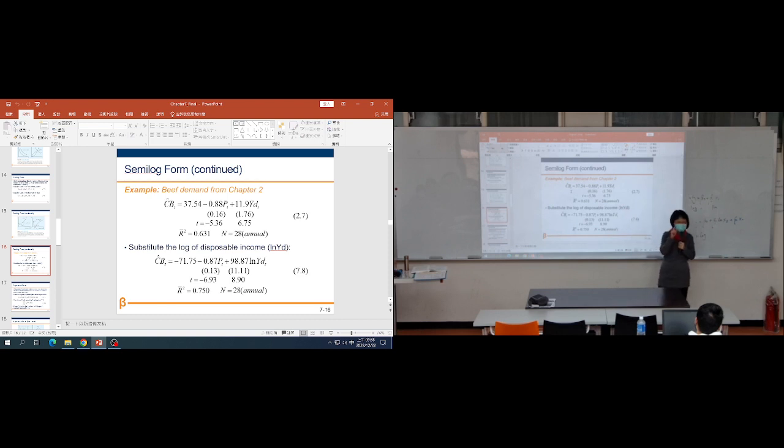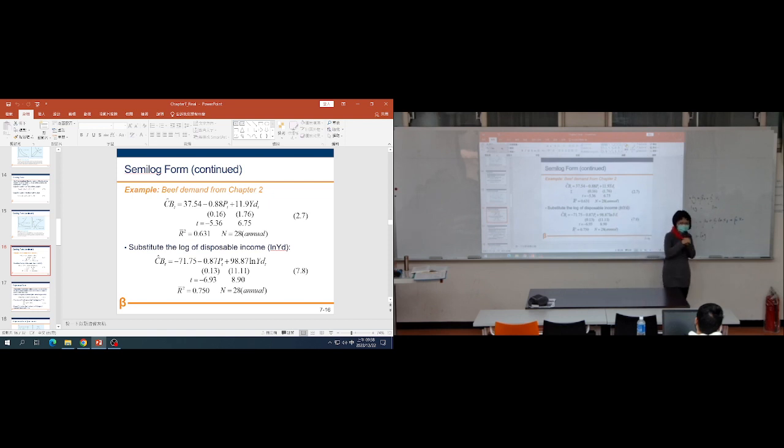Okay, let me ask you. These are two equations with the same y, right? But different x. One is log form, and this is without log form.